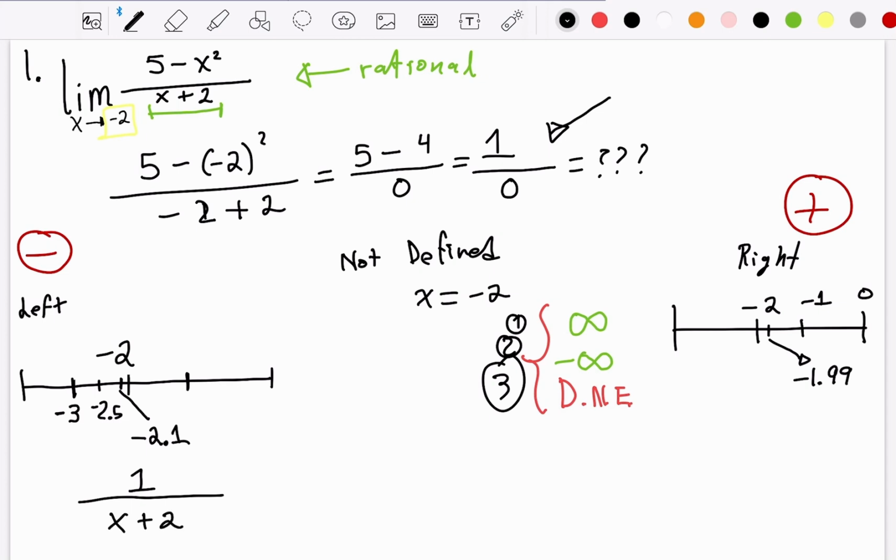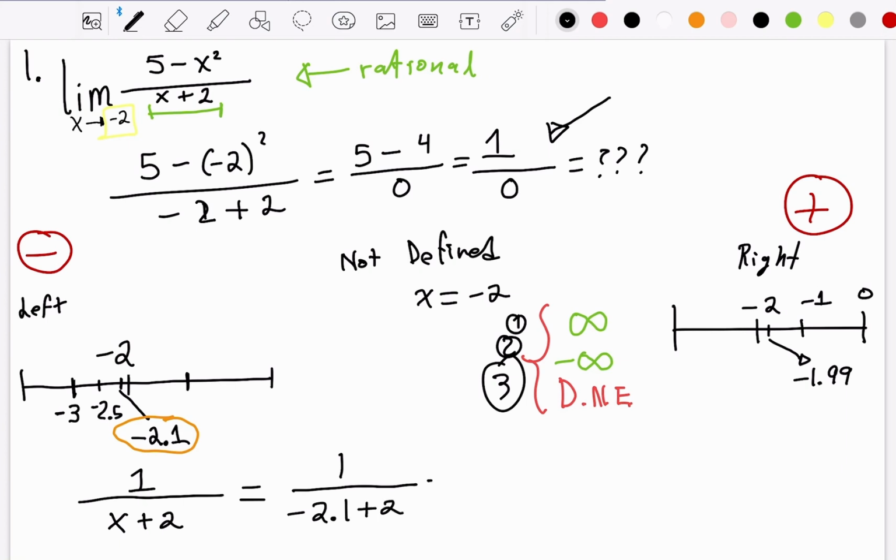And instead of writing x, I will write the number that I chose from the left here, -2.1. What I am doing here is approaching from the left in an intuitive way. -2.1 plus 2.